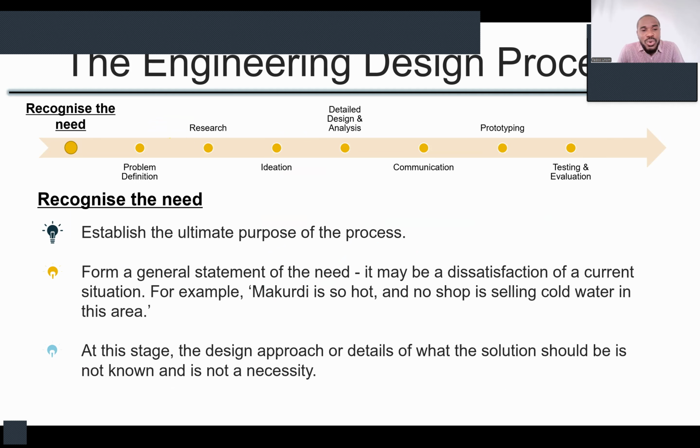All right. So the purpose of this stage is to establish the ultimate purpose of your design process. That's what you do in recognizing the need. What is the purpose of the design process you are going to engage? You are developing something in response to an identified need.